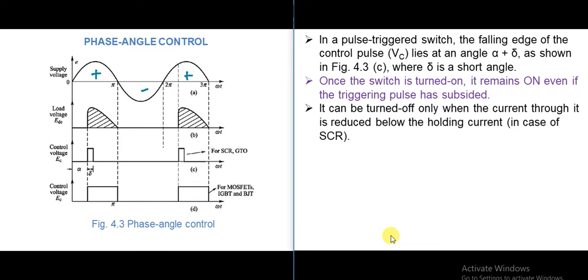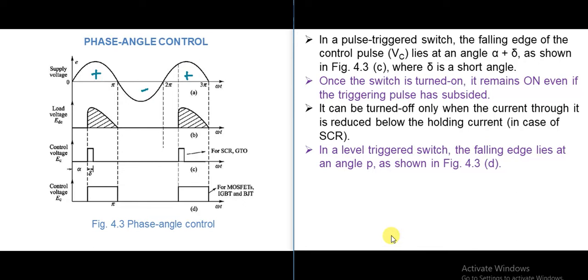The SCR will turn off or commute when the forward current is less than the holding current. And what is the meaning of holding current? Holding current means the minimum current required to keep the SCR in on condition. And if the current falls below the value of holding current, obviously the SCR will turn off.